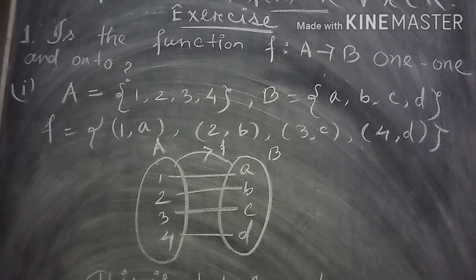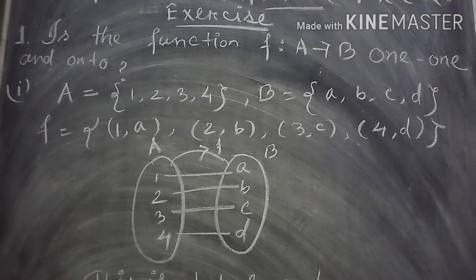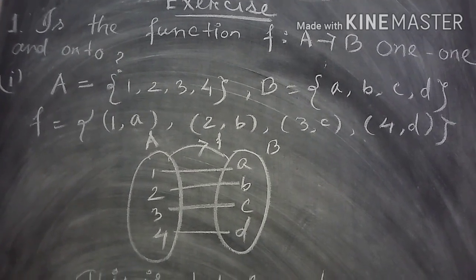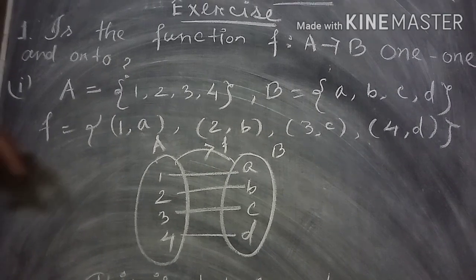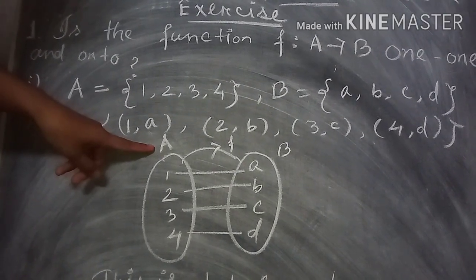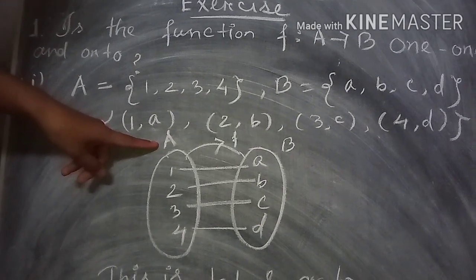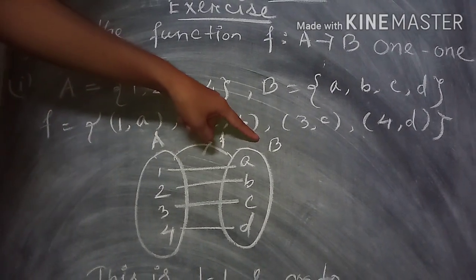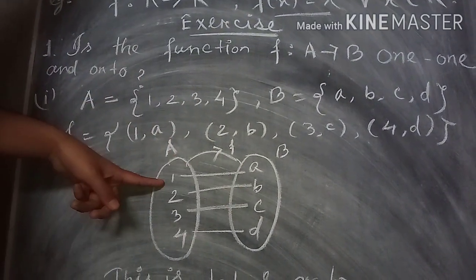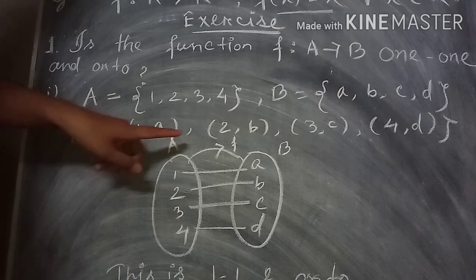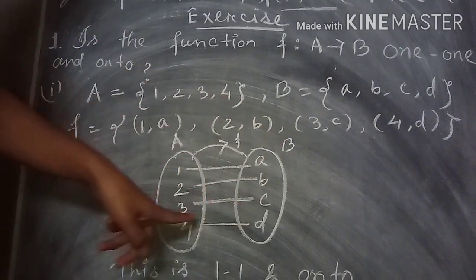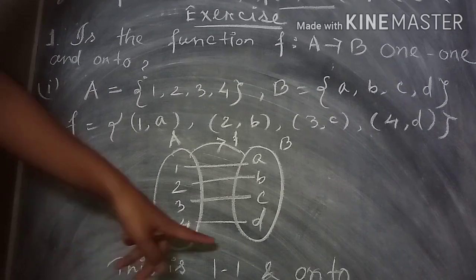So if we draw a figure of this function, then we can easily tell whether this is 1-1 or onto. So let's say here the figure: in the set A there are 4 elements 1, 2, 3 and 4, and in set B, a, b, c, d. So 1 is related to a, 2 is related to b, 3 is related to c, and 4 is related to d.